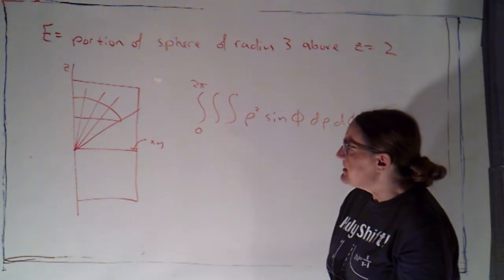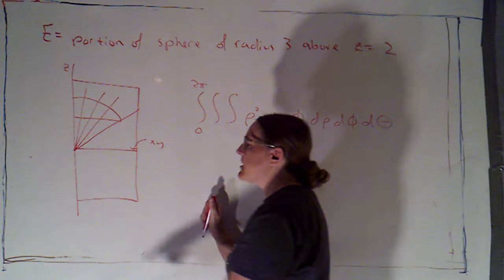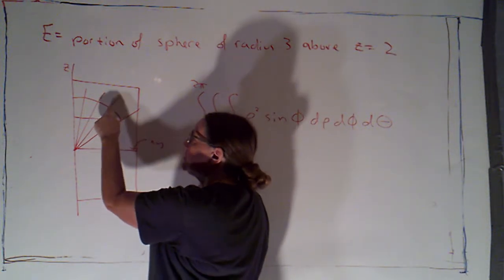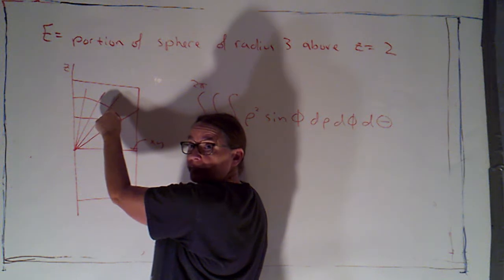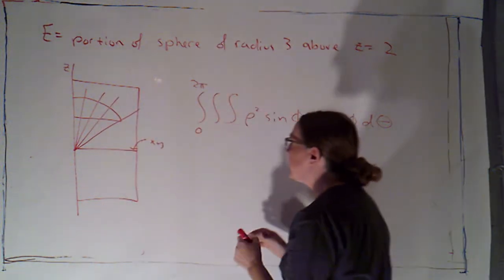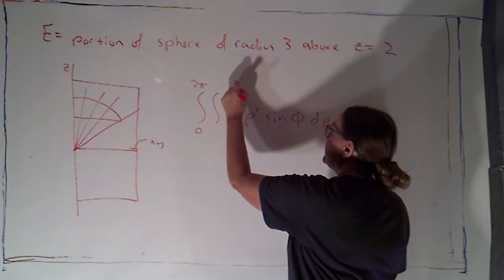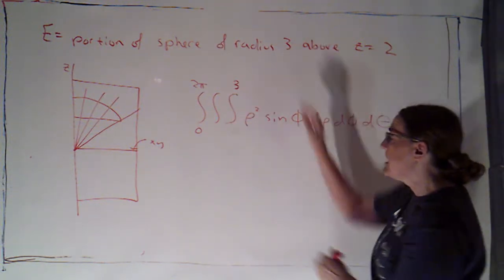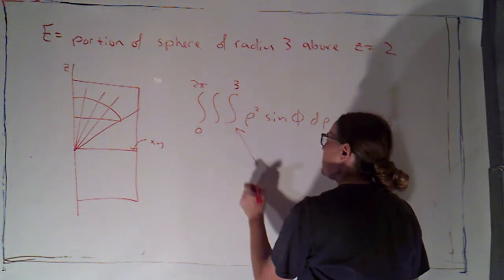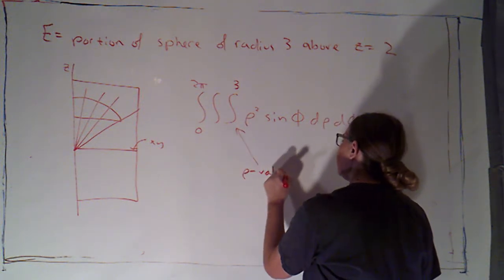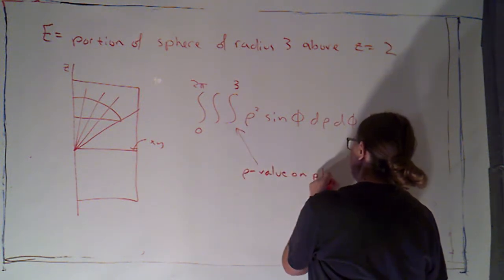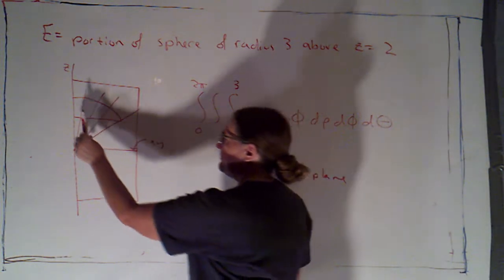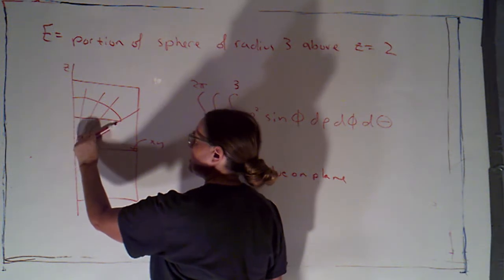And I can see that for each of these phi rays, rho varies from the rho value on the plane to the rho value on the sphere. Now, the rho value on the sphere, my upper limit of integration for rho, is pretty straightforward. That's just going to be the radius of the sphere. But I'm going to have to figure out here what the rho value on the plane is. And then I'm going to have to figure out phi varies from what to what.